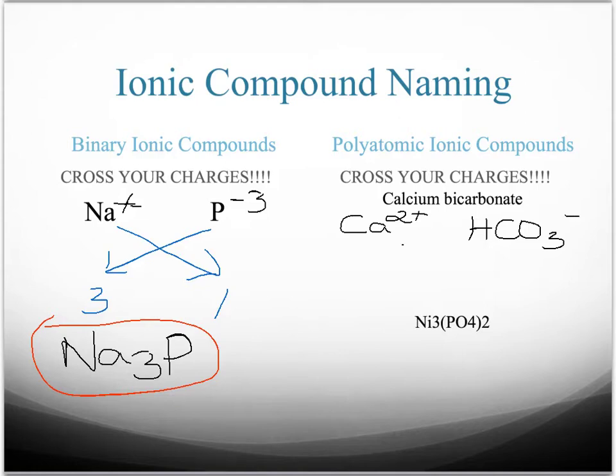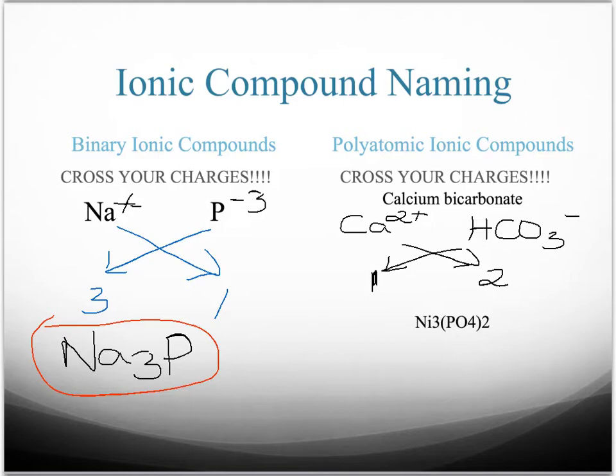So again, if we cross our charges, the 1 from bicarbonate comes over to the right. And then the 2 from calcium comes over from the left to the right.